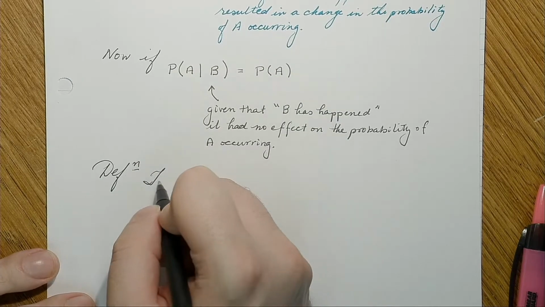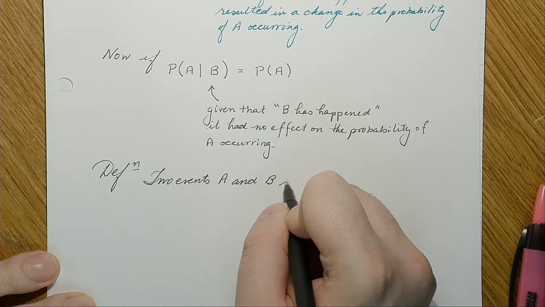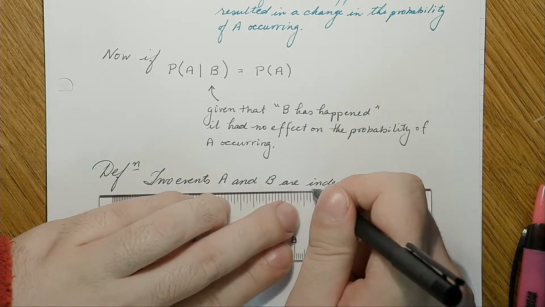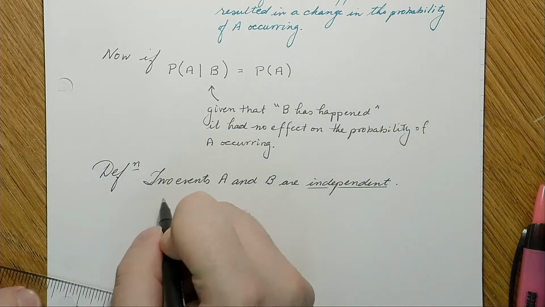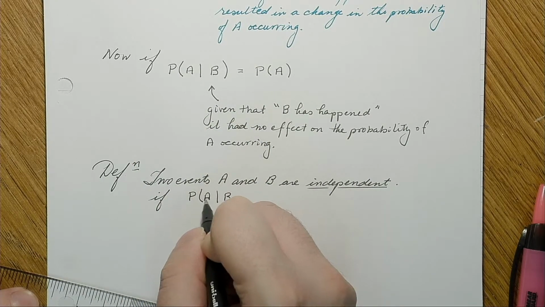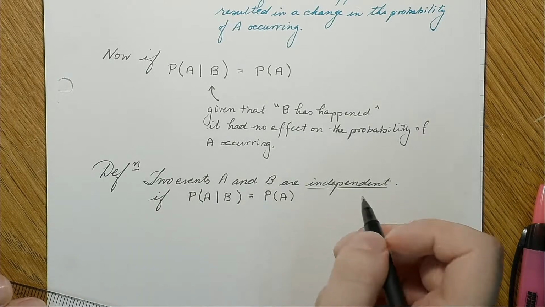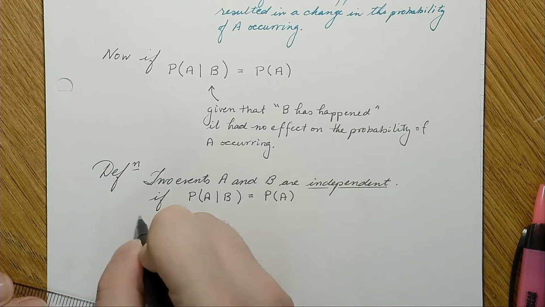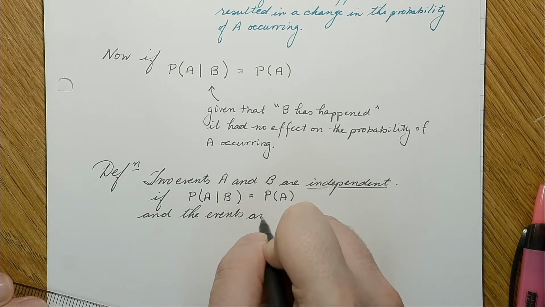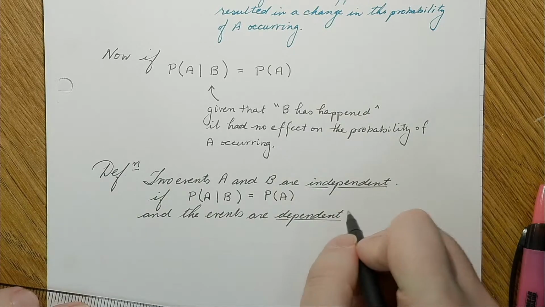We have two events, we'll call them A and B. They are independent if, we'll use this definition up here, the probability of A given B is the same as just the probability of A, then we call those independent. And the events are dependent otherwise.